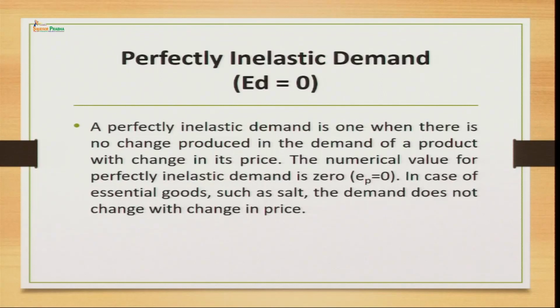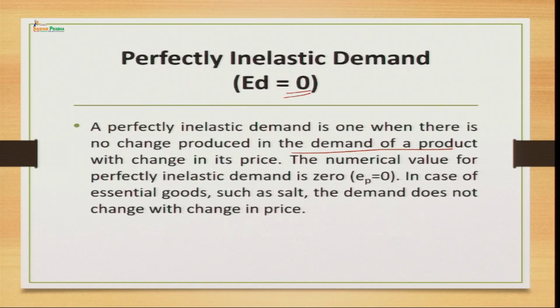Then we have perfectly inelastic demand, right. Now, this is just the opposite of it. Here the demand is perfectly inelastic, and that is why we are denoting it with 0, right. Our price elasticity in this case will be equal to 0, and in this case a perfectly inelastic demand is the one where there is no change produced in the demand of the product with the change in its price, right.